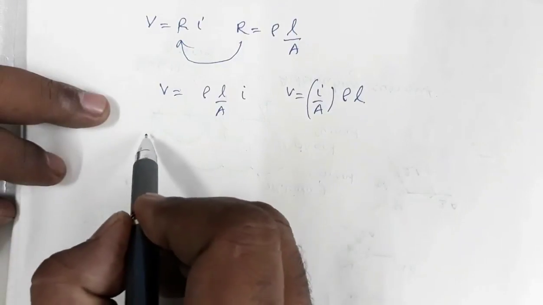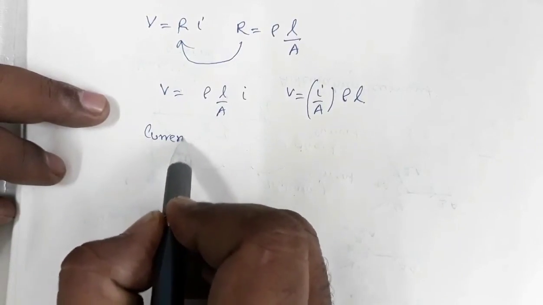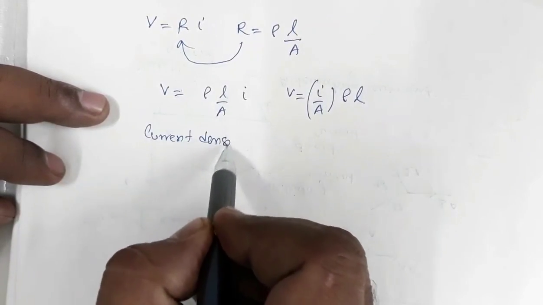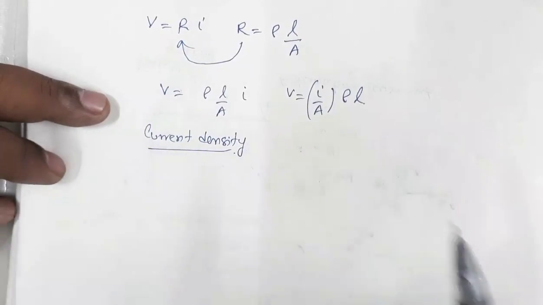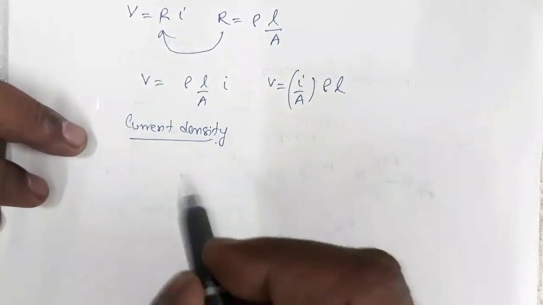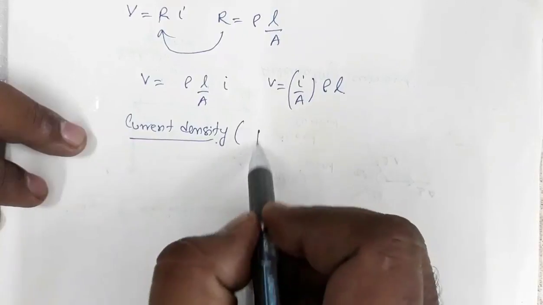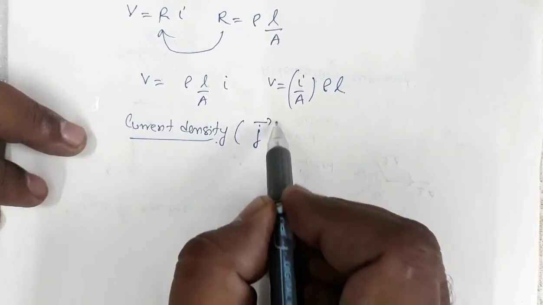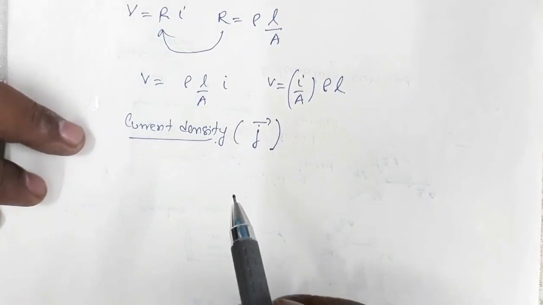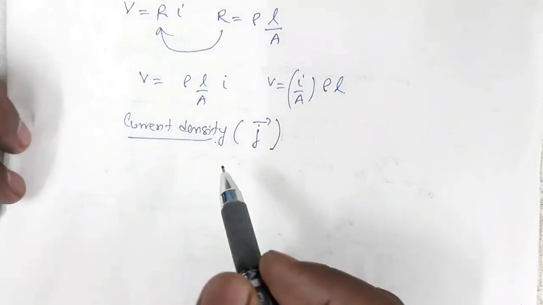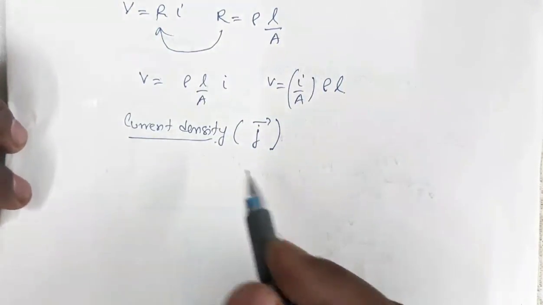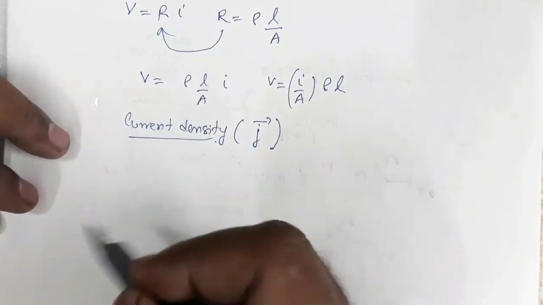Now let us define a term called current density. It is a vector quantity denoted by the symbol J, small j with the vector symbol. How do we define it?